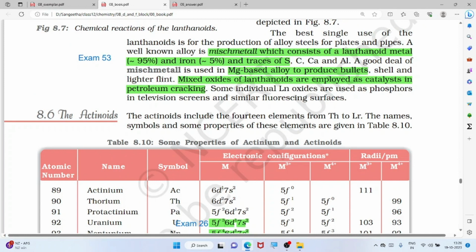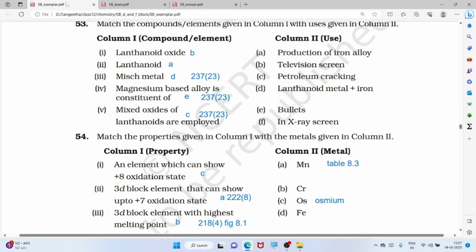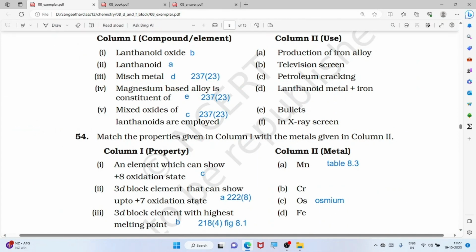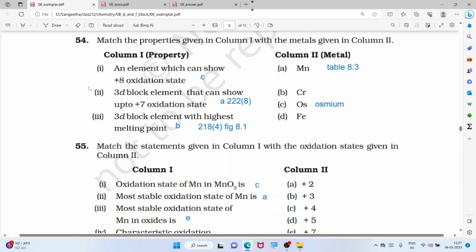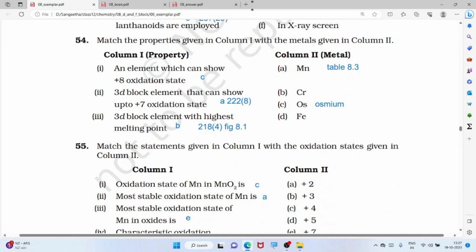Okay, these are the uses of these various compounds. Match the properties given in the property column with the metal. Okay, an element which can show +8 oxidation state. Okay, this is the element osmium.